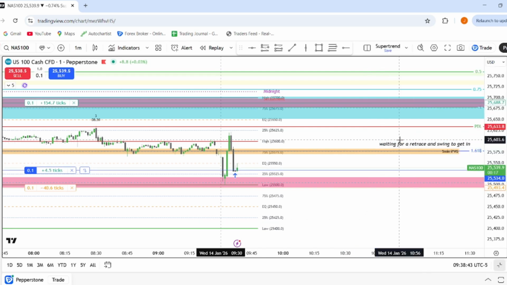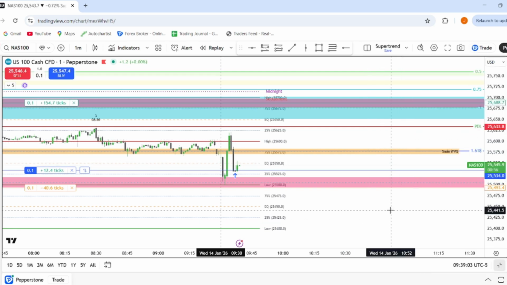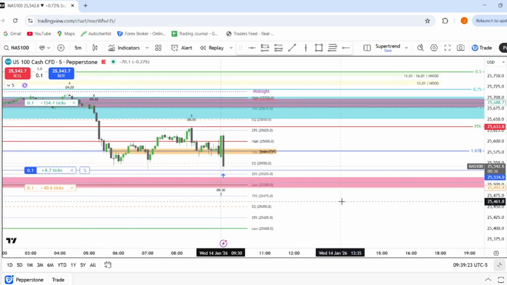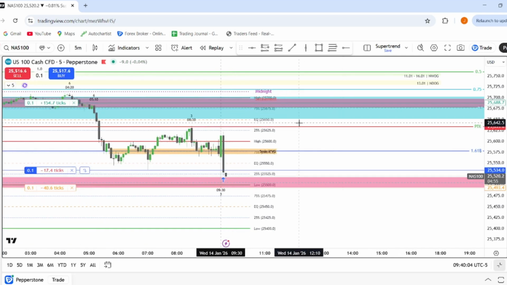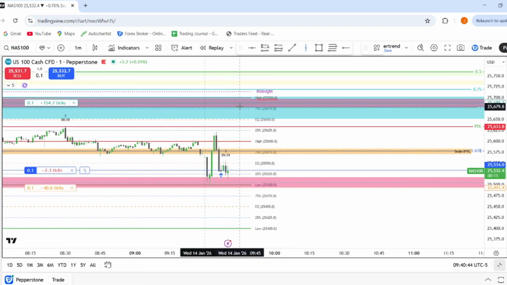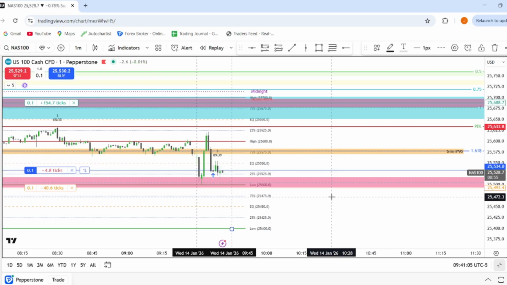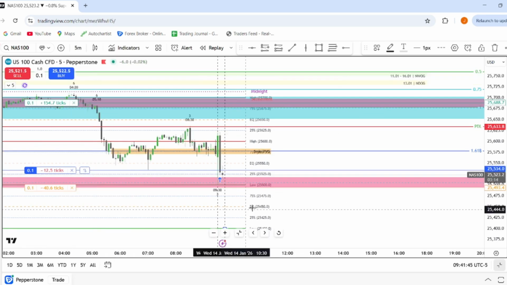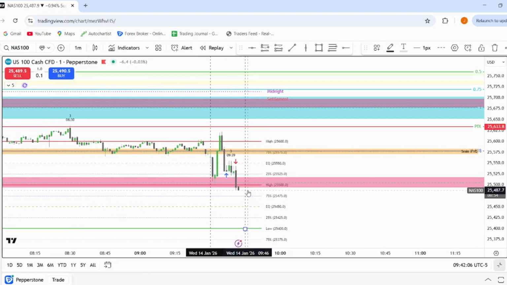Now, yep, I am up a little bit, but wow, these are big black candles, right? So I'm thinking, okay, we're just bouncing around here for a little while, but eventually we should turn up. But as you can see, it hit my stop loss and I'm out.